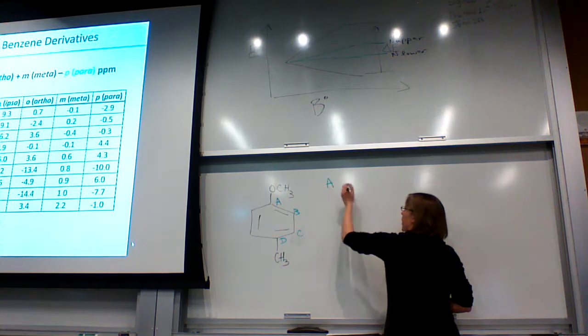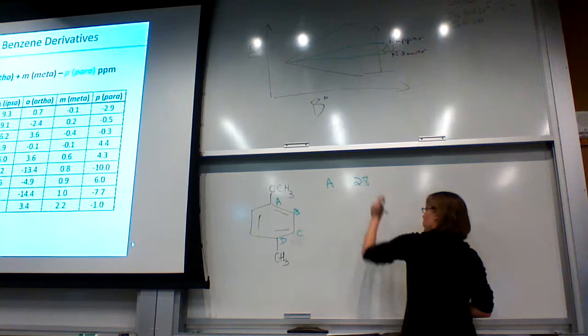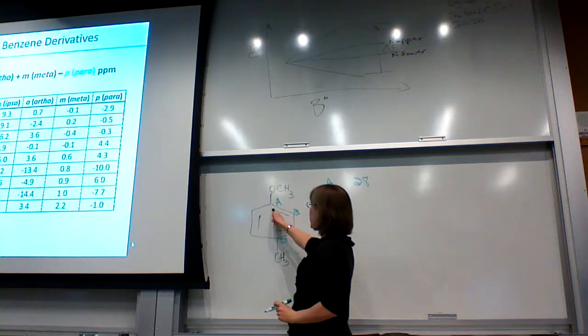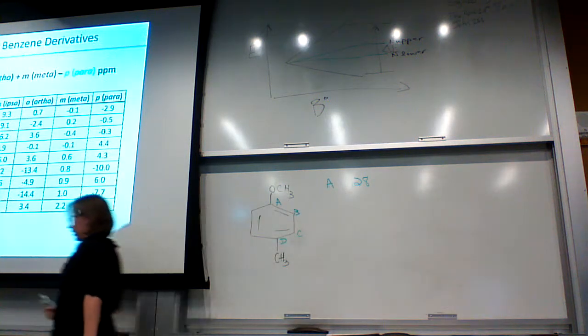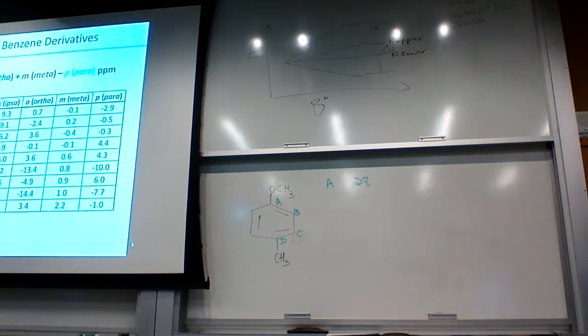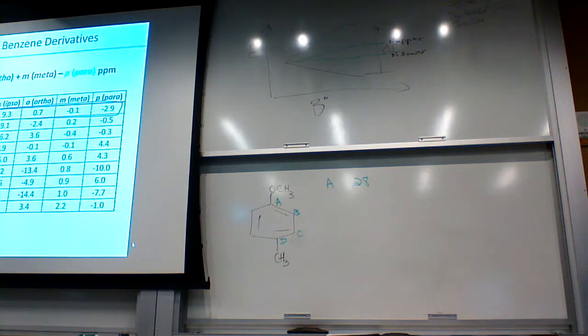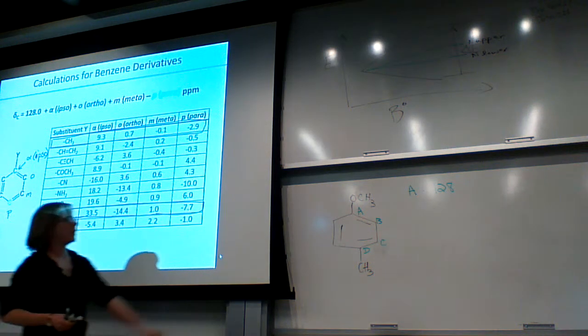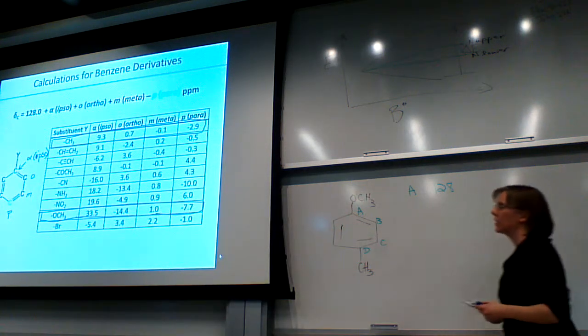When we calculate A, we're going to start with the 128, and then we need to change it based on what is attached at the ipso and para carbons. I'm going to highlight the two groups we're going to look at. So we're going to look at this methyl and the methoxy here. For carbon A, the methoxy is connected ipso.